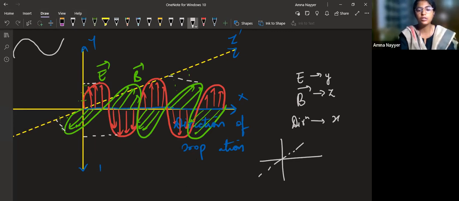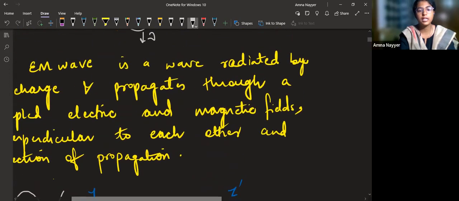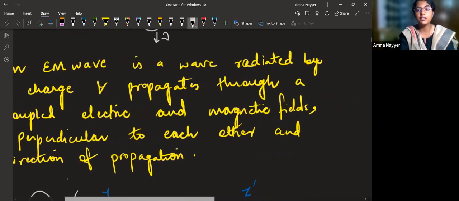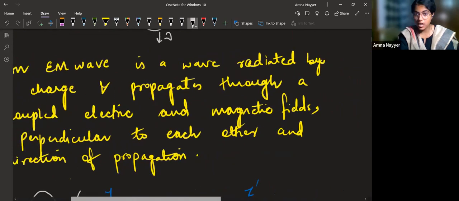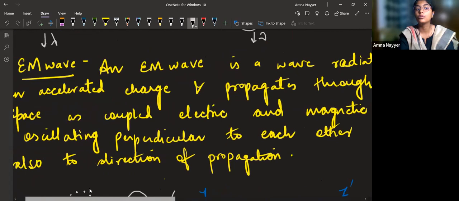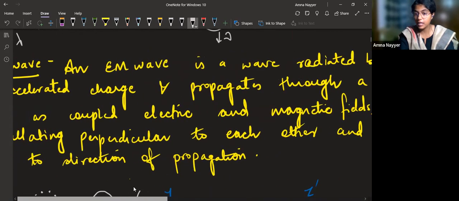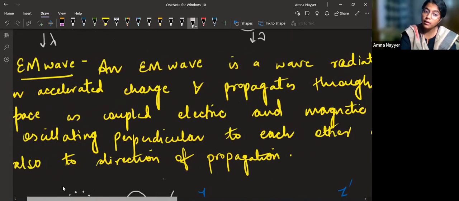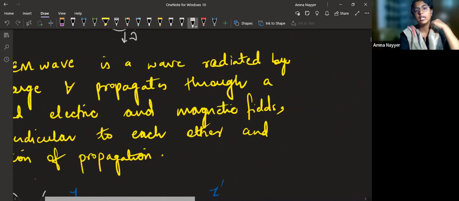So the definition of electromagnetic waves that we have: an electromagnetic wave is a wave radiated by an accelerated charge and propagated through space as coupled electric and magnetic fields oscillating perpendicular to each other and perpendicular to the direction of propagation as well.